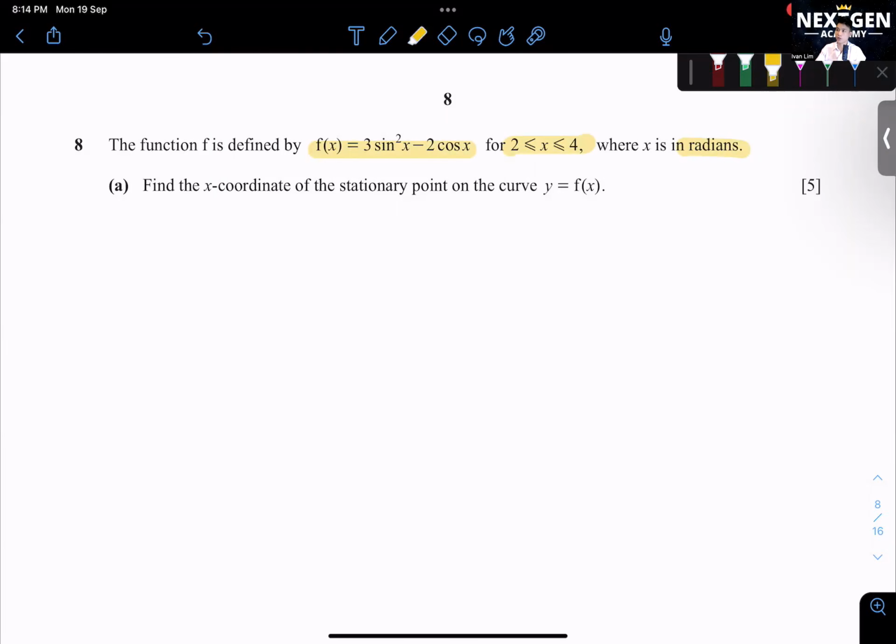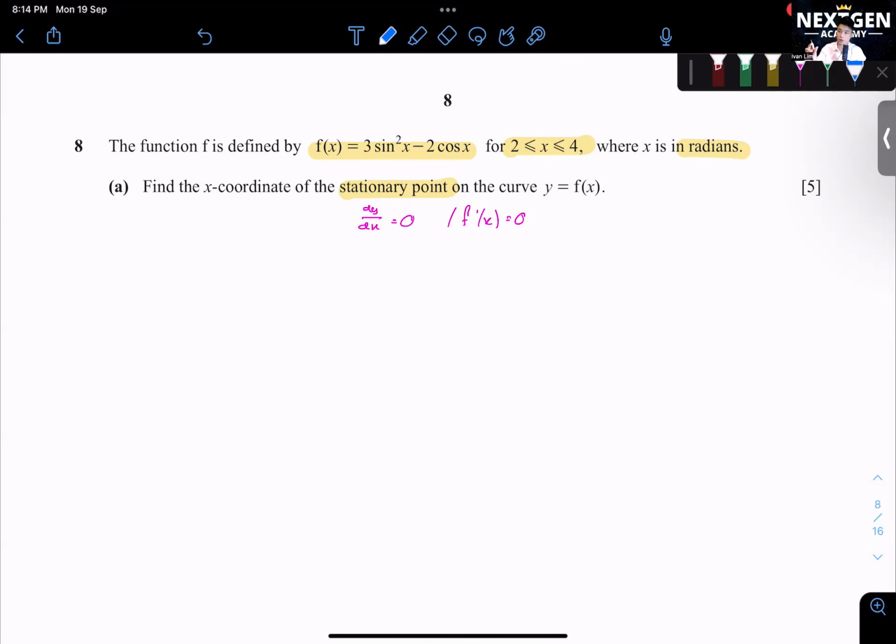We want to find the x coordinate of the stationary point, right? Stationary point means what? When my dy dx equals 0. This is a keyword here, dy over dx equals 0, or in this case, f prime x equals 0. So we need to find what is f prime x first.